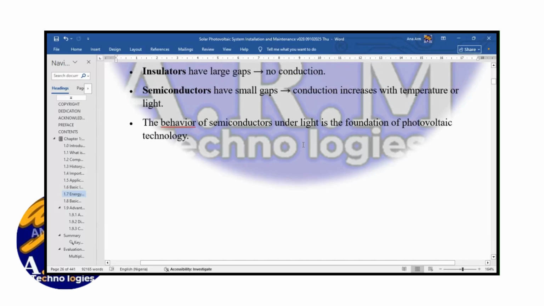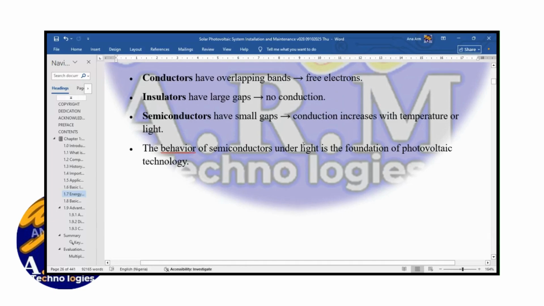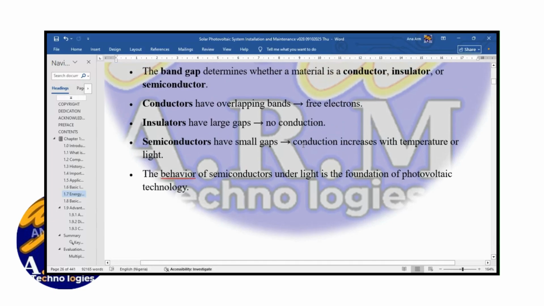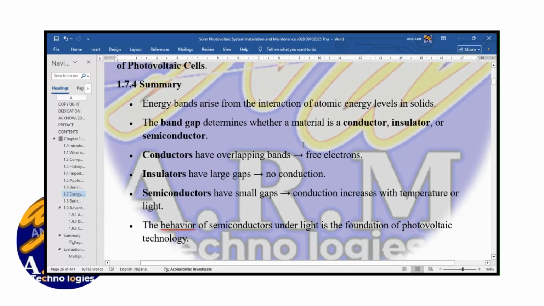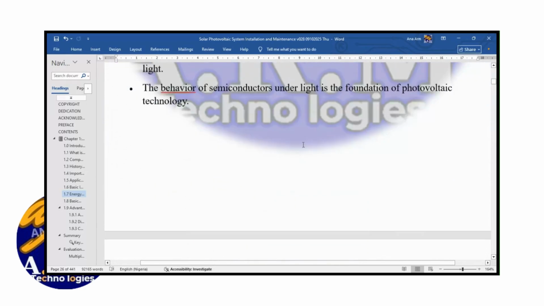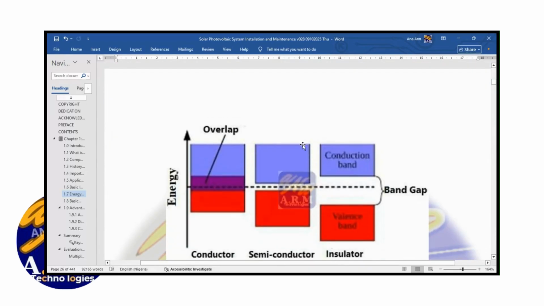Give reasons why metals conduct electricity better than insulators. 4. Discuss how the band gap affects electrical conductivity in solids. And 5. Finally, explain the terms valence band and conduction band.